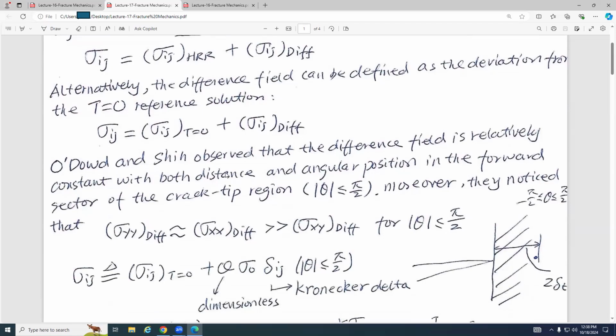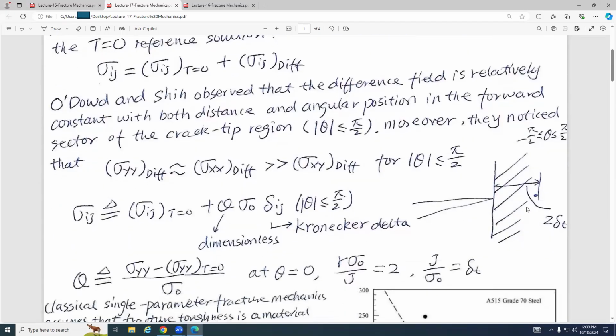These are the two, O'Dowd and Shih. Observe that the difference field is relatively constant with both distance and angular position in the forward sector of the crack tip region. That means for this shaded region, the absolute value of theta is less than half pi.